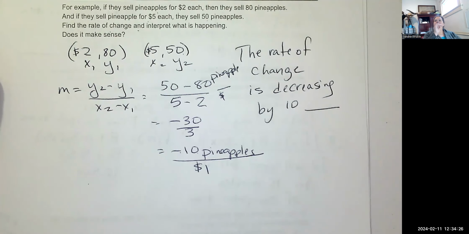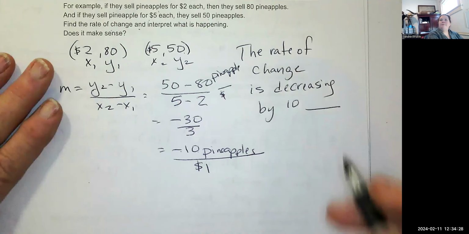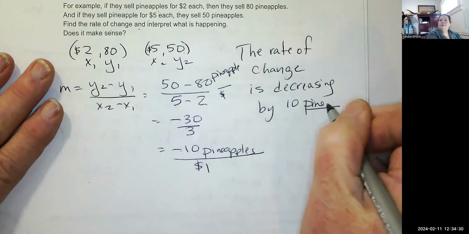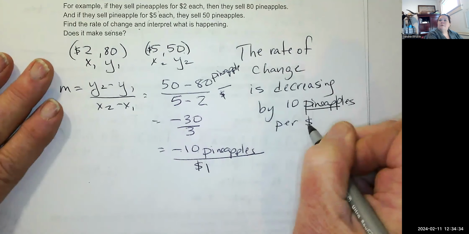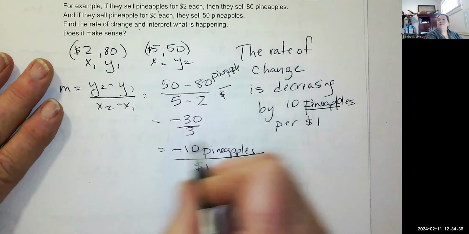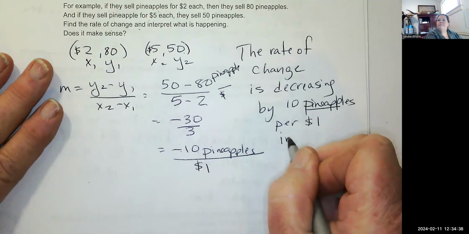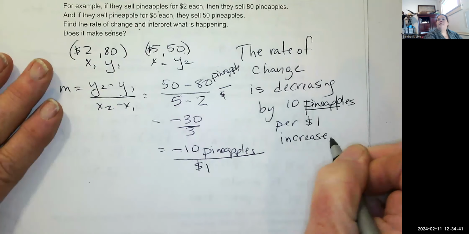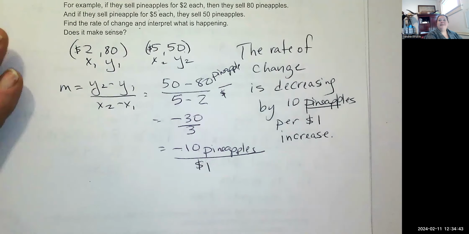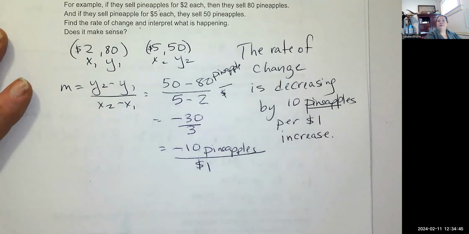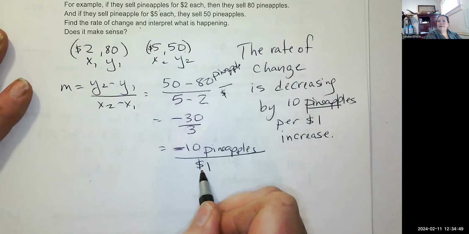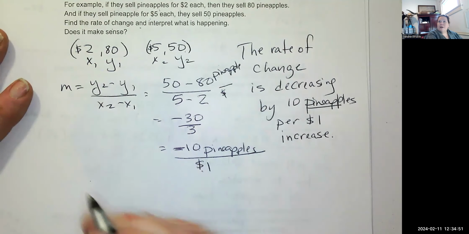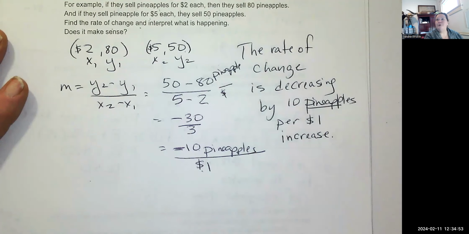So the rate of change is decreasing by 10 pineapples per dollar increase. That's what's happening, and that's the rate of change. This means that for every dollar that you increase the price per pineapple, you're going to sell 10 fewer pineapples.